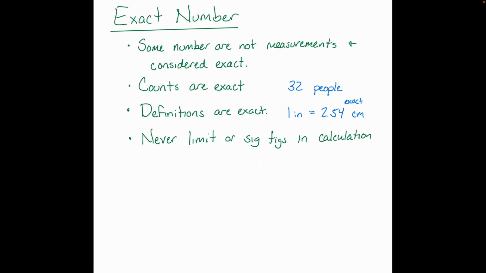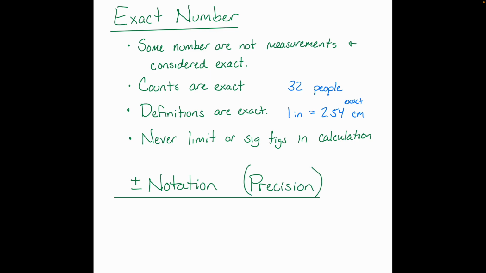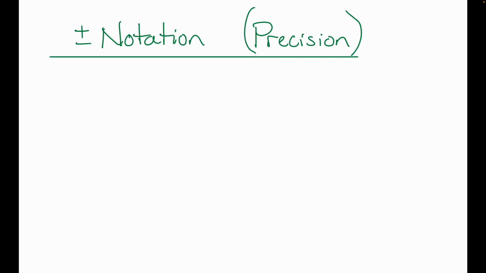Cool. So then the last thing we're going to talk about is this plus minus notation. Or what's also called precision. All right, so first of all, let's just do an example here.